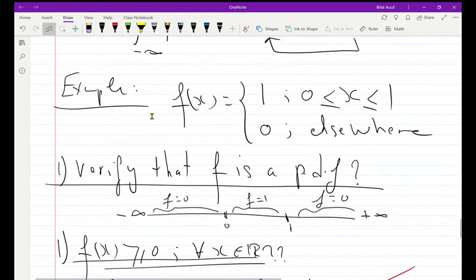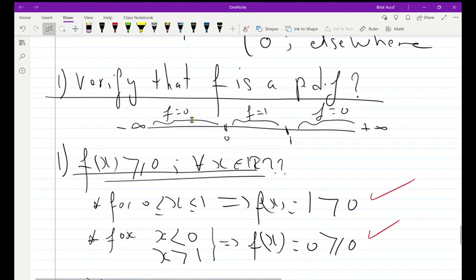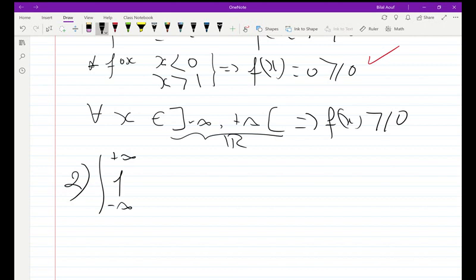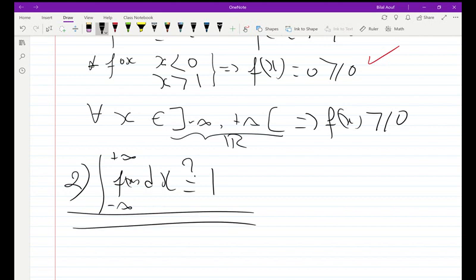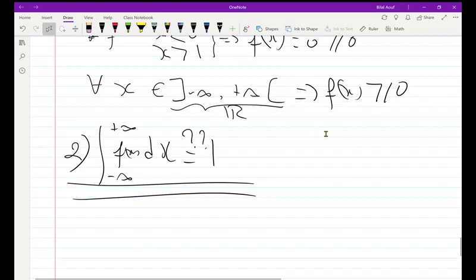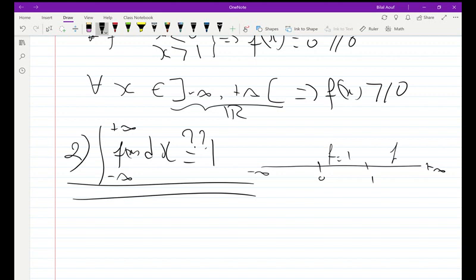The second condition: I have to verify that the total probability is equal to 1. I do the integration of f of x. So I verify that the integral from minus infinity to plus infinity of f of x dx must equal 1. As I did before, I trace the x-axis line from minus infinity to plus infinity, with the interval 0, 1 where f equals 1, and f equals 0 elsewhere.